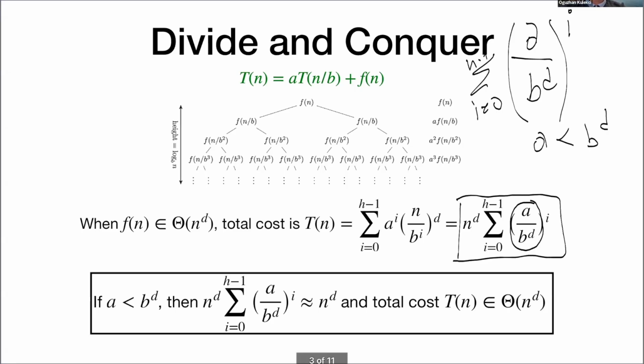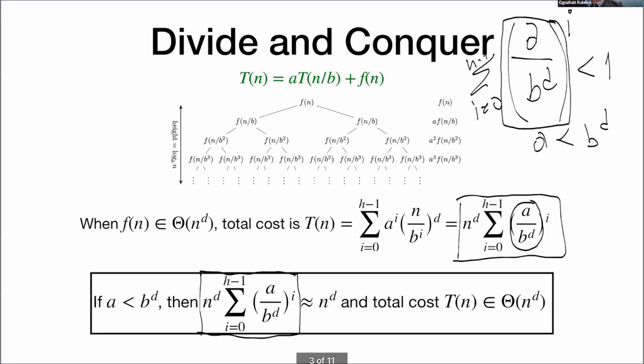That means this fraction will be something less than 1, correct? Since that is less than 1, when you take its powers, it will be smaller and smaller and smaller. If you are curious about the growth of this cost, what will happen?